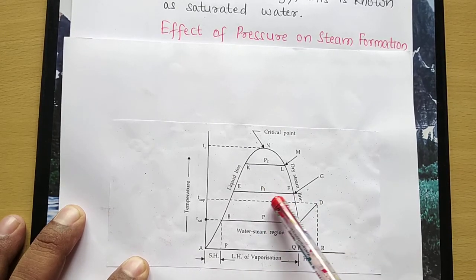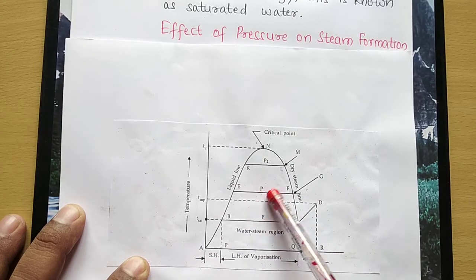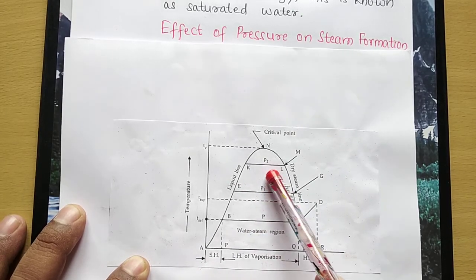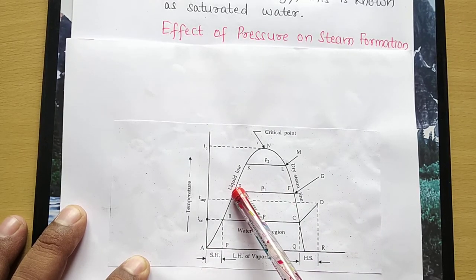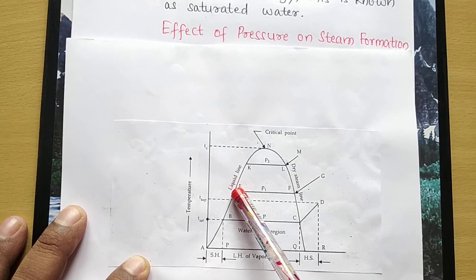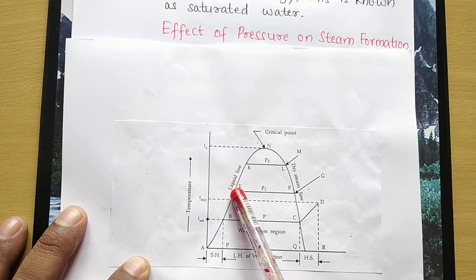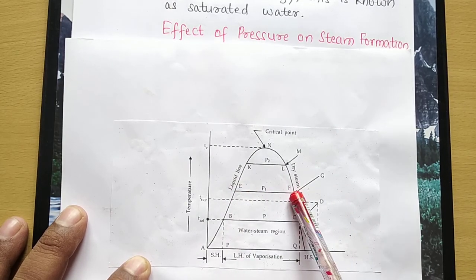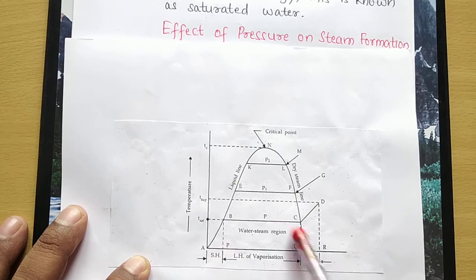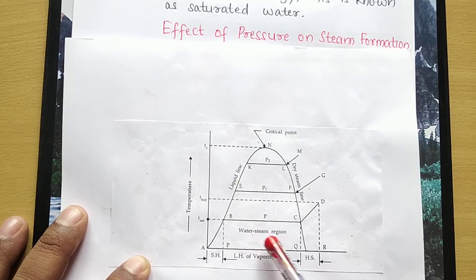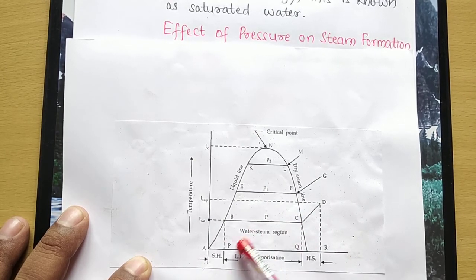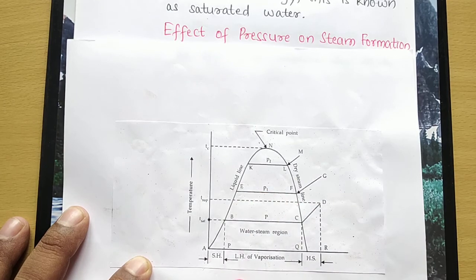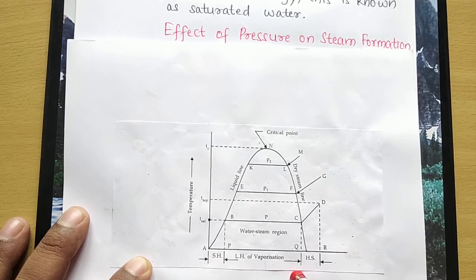Now, when I increase the pressure from P to P1, what happens? The sensible heat region will be from A to E, where heat is added up to the saturation temperature, and then from E to F will be the two-phase region, or water steam region, which from the heat side is represented as the latent heat of evaporation or vaporization.